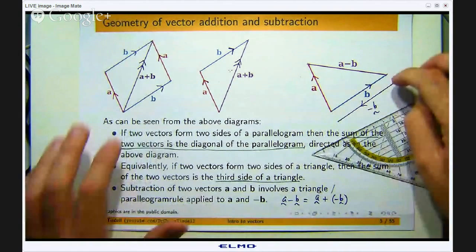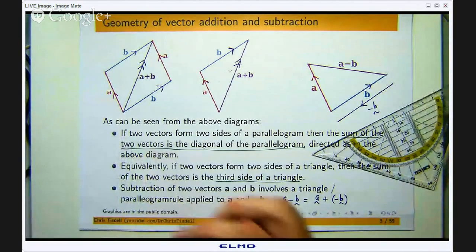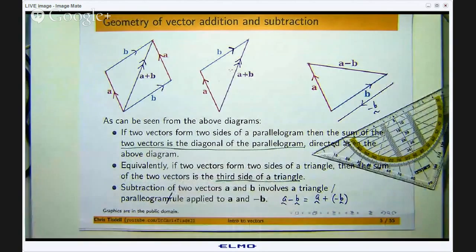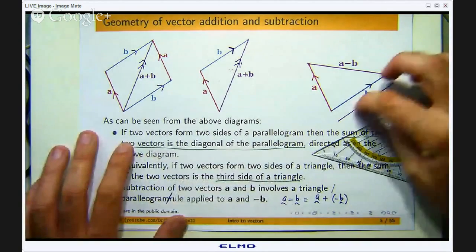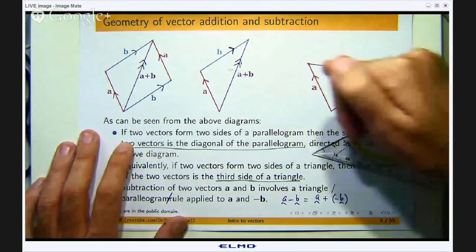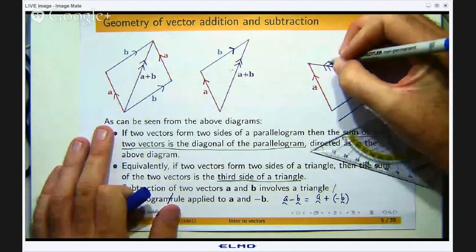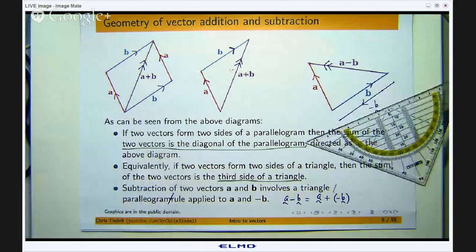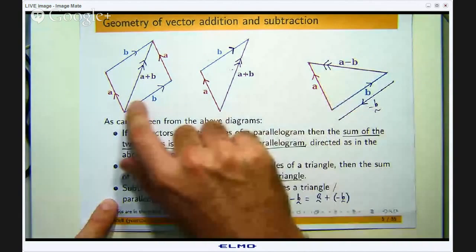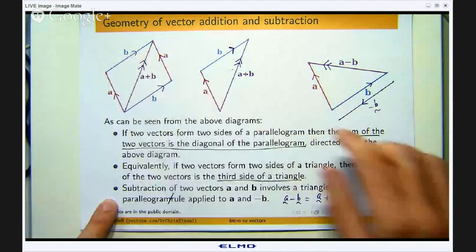So if I apply my parallelogram rule or triangle rule to this, I would go from the tail of this to the head of this, and that's why it's pointing this way. Now the only reason I'm putting double arrows on these sums is just to differentiate them from the A's and the B's.